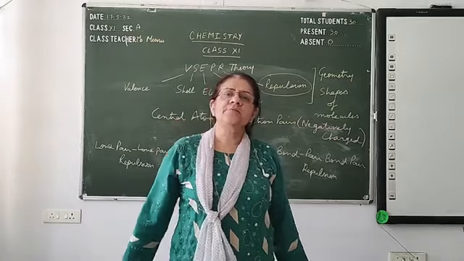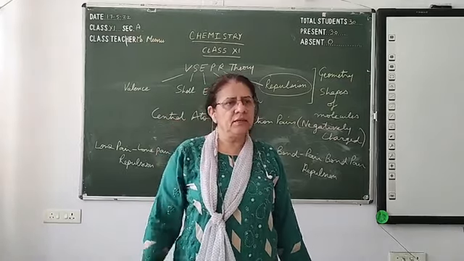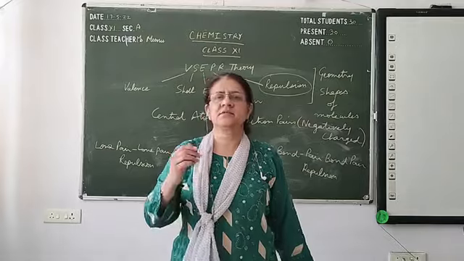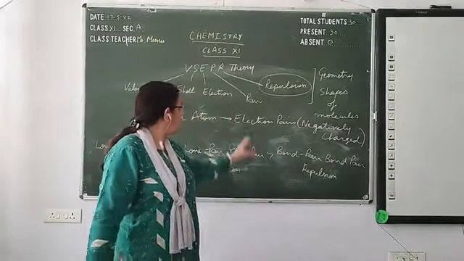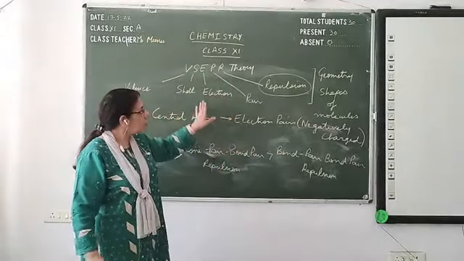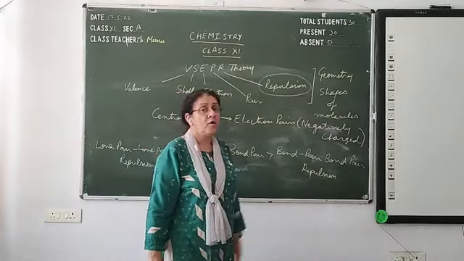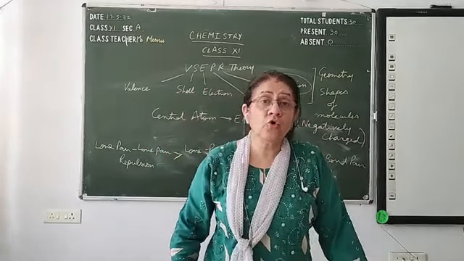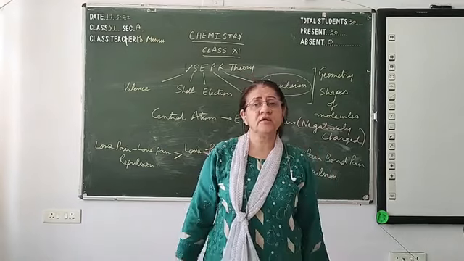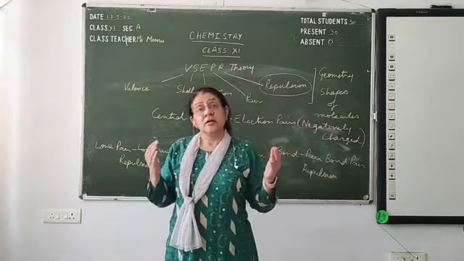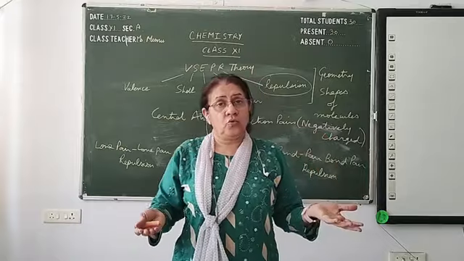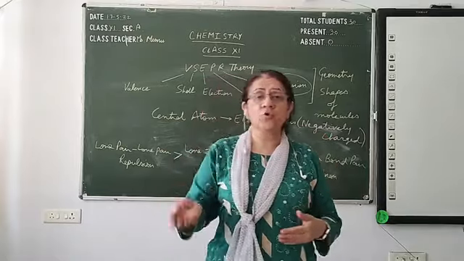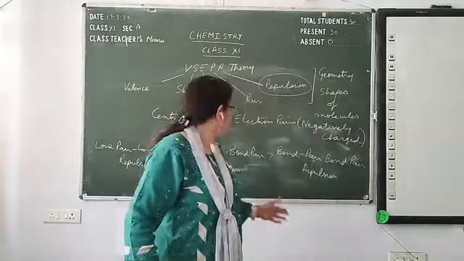What are the two types of electron pairs? Can you tell me? Yes, correct. The two types of electron pairs are lone pair and bond pair. When we know how to make the Lewis structure, we can know whether the electron pair is a lone pair or a bond pair.